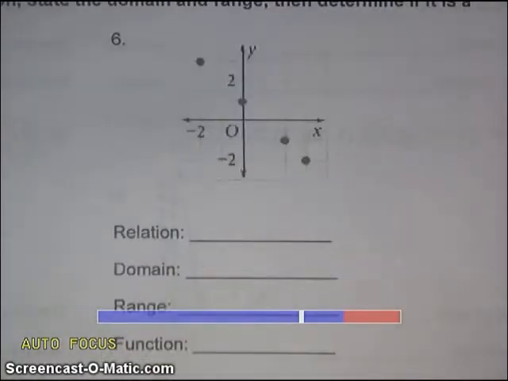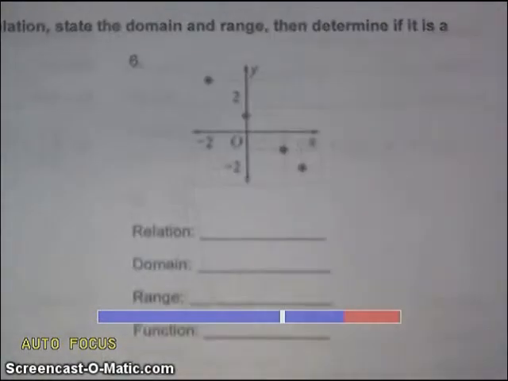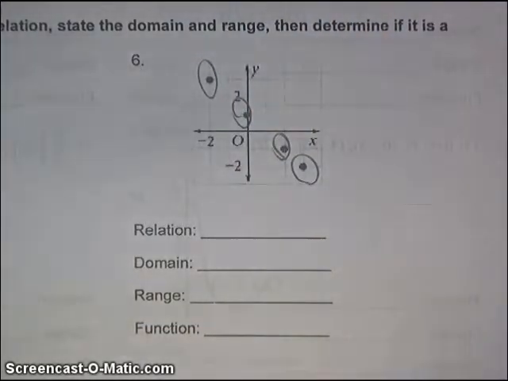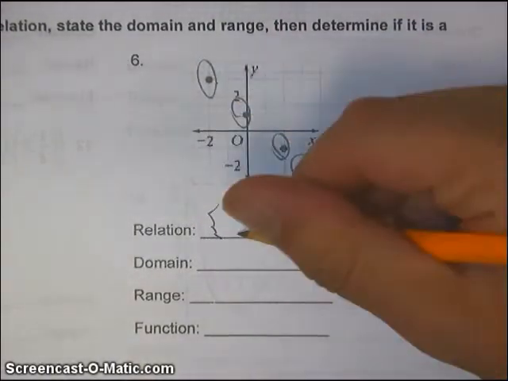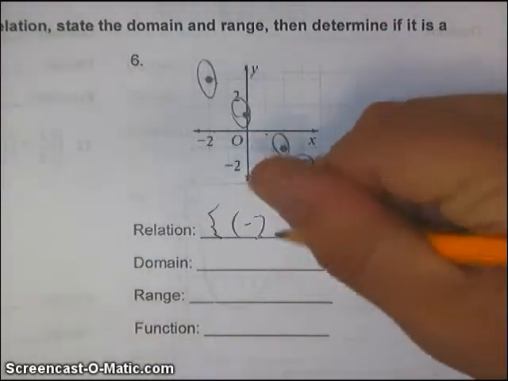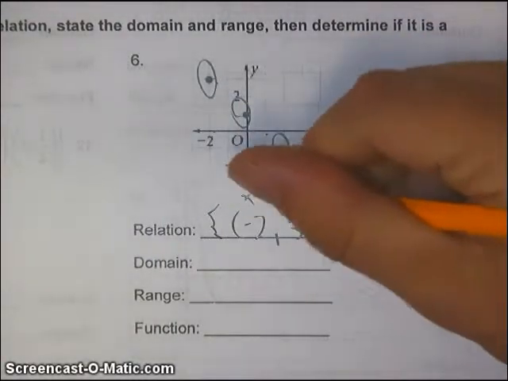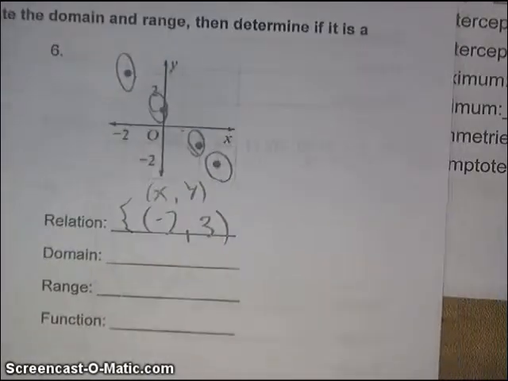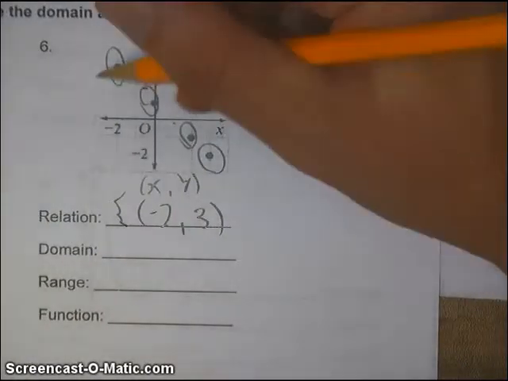Okay, so to write the relation, it's just asking us to identify the coordinates of all these points. So I'm going to do those weird bracket thingies again. Now this first one is over 2, up 3. So that's -2, 3. Remember, we're writing x, y coordinates. Alright, so that one's gone.